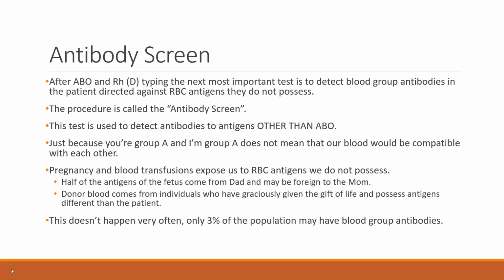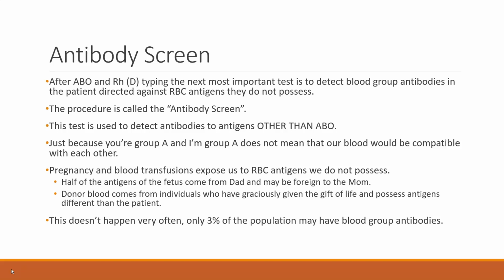In pregnancy, half of the antigens of the fetus come from dad and may be foreign to the mom. And so if she is pregnant with a fetus that has antigens she does not possess, she may react and make immune antibodies. Donor blood comes from individuals who have graciously given this gift of life and possess antigens different than the patient.